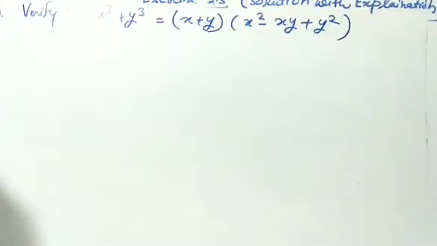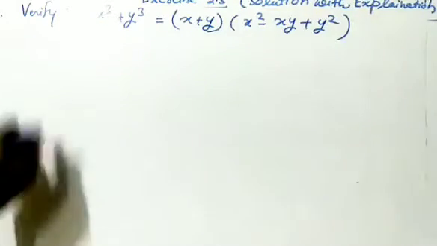Next question, we have to verify, question number 9. x plus y whole cube equal to x plus y bracket x square minus xy plus y square. It is also an identity that we have to verify here. First of all, to verify, we can take help of one identity.